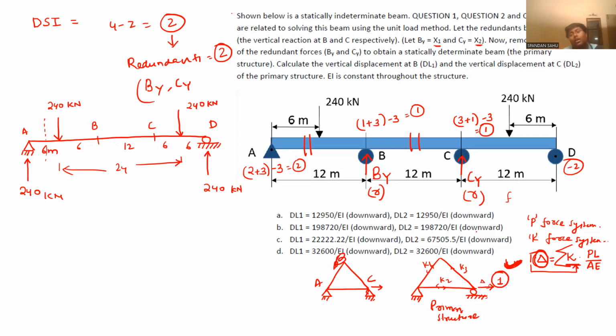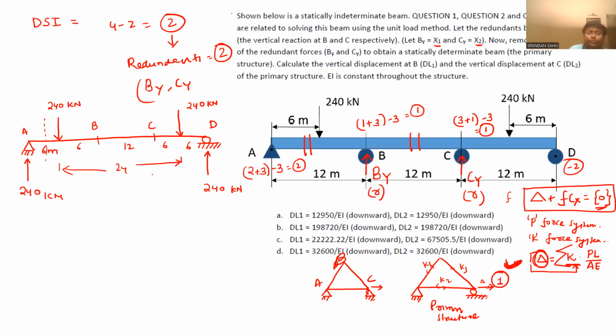Correct? But is that joint C moving anywhere? It is not moving anywhere. So what can you write? This delta plus F11 Cx will be equal to what? 0, because this is not moving anywhere. So in this way, you are formulating.